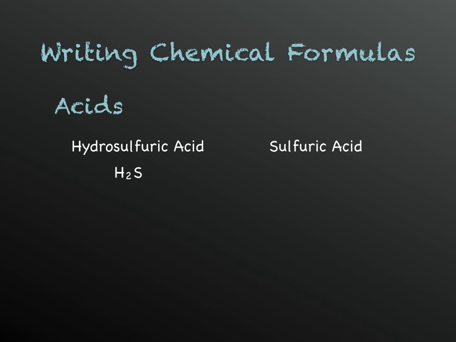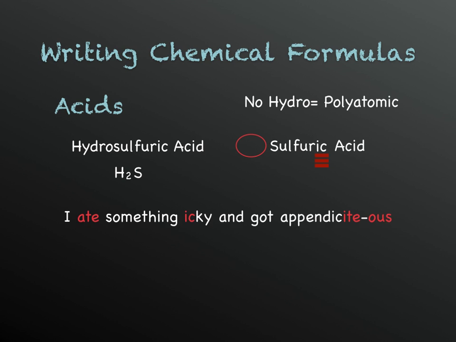For our oxyacid, sulfuric, what was the polyatomic that it came from? No hydro, so it had to be a polyatomic. And the ending is an IC, so we'll work our way backwards. That means that the polyatomic would have had to have an ATE ending.